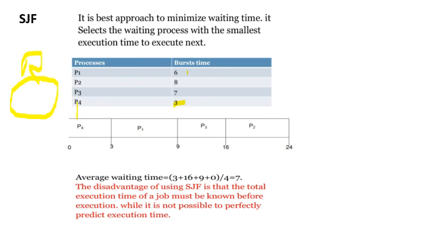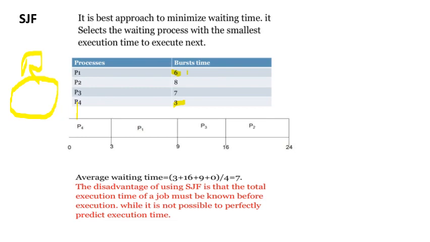Next, compared to 6, 8 and 7, which process has the shortest job? 6 is the lowest burst time, and the process related to 6 is P1.